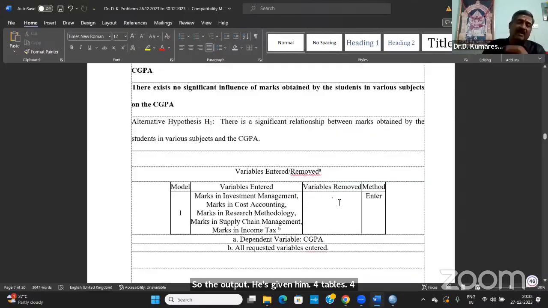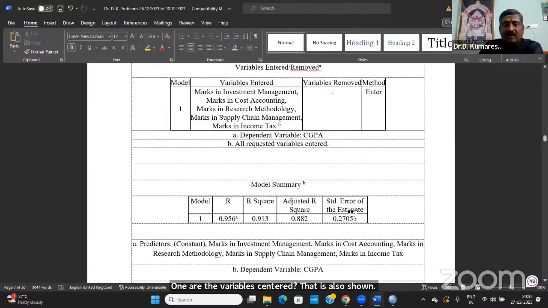First one shows the method and variables entered. It is also given in the footnote, or bottom of the table, what the dependent variable is. What are the variables entered? That is also shown.